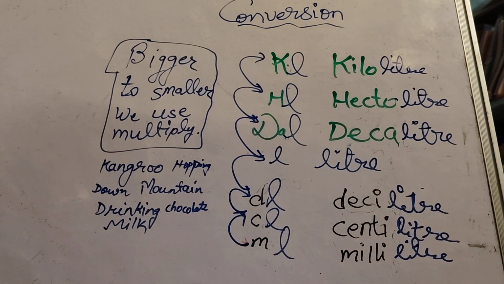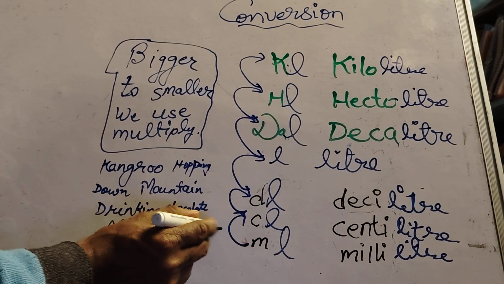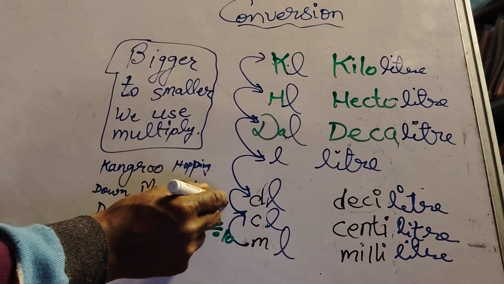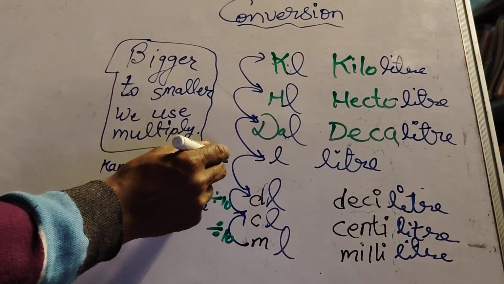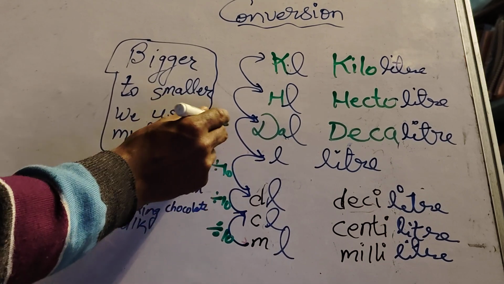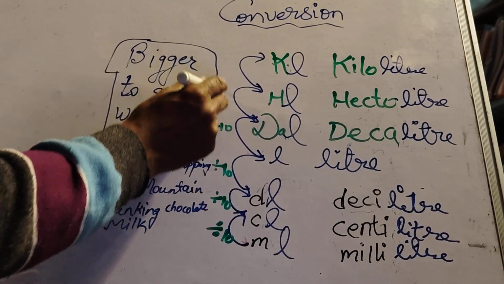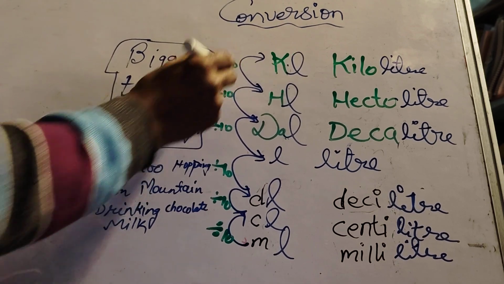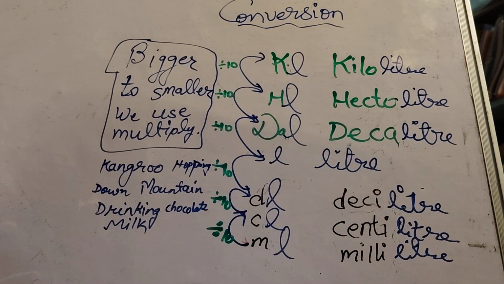So from smaller to bigger, when we move, we use the divide sign. The same digits we use, but this time we use them in the denominator. So they all divide by 10.